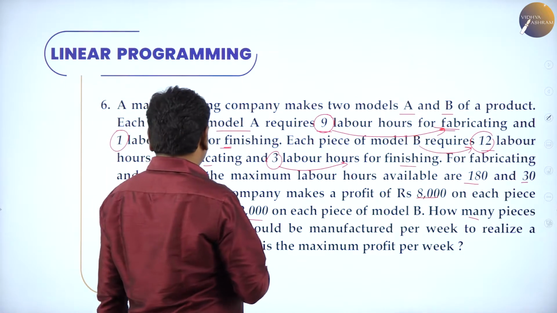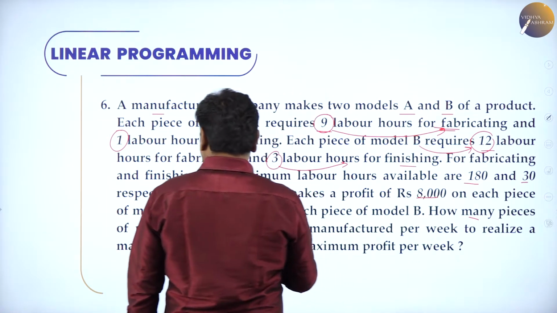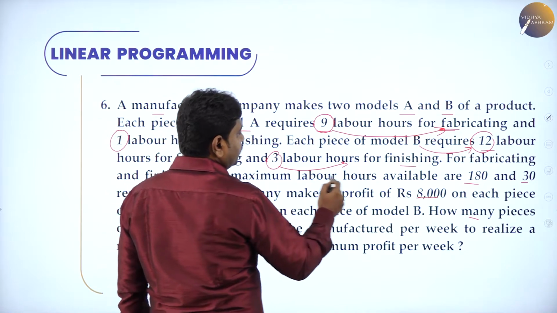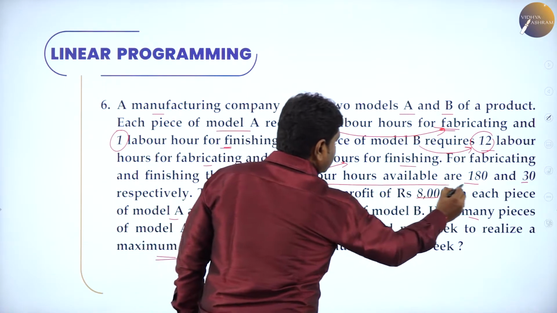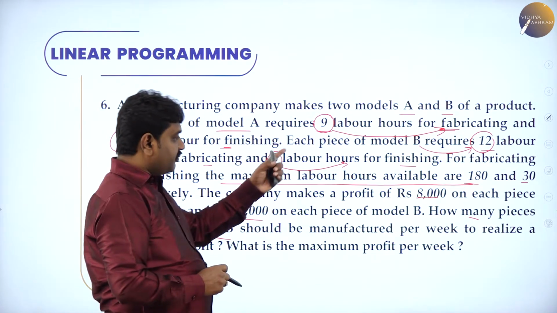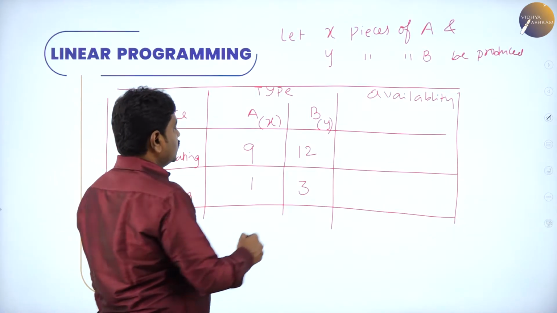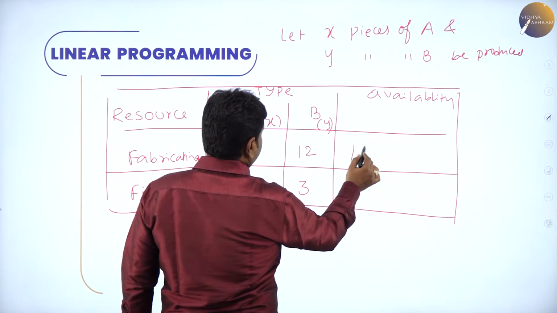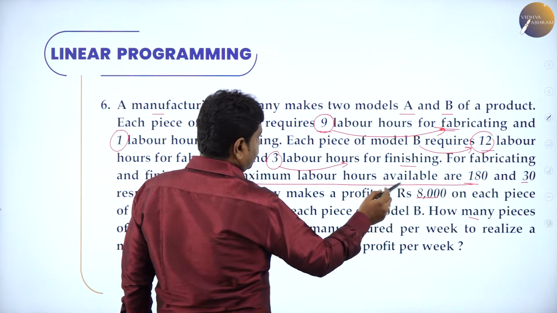And when they told for fabricating and finishing, maximum labor hours available are 180 and 30. 180 and 30 means 180 for fabricating and 30 hours for finishing. So for fabricating, they provide 180, and for finishing, what is the time given? 30 hours.